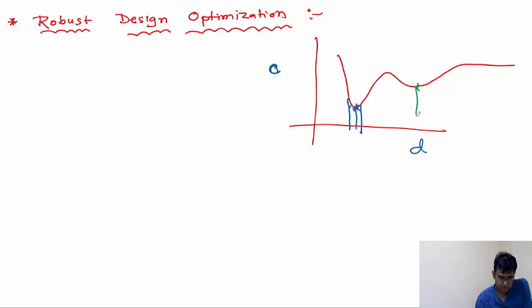Not desirable. A better design point, as discussed yesterday, is perhaps this one, where you give the same kind of perturbation and the y-axis does not change that much. So it's more of a robust one.